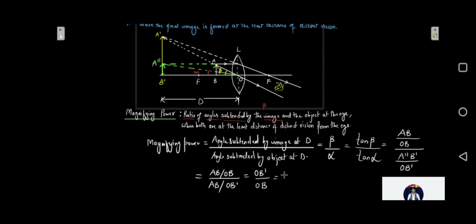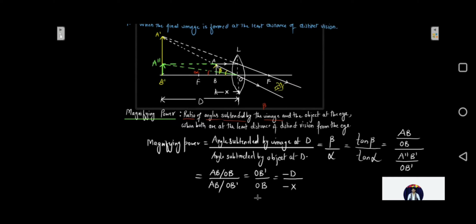So OB dash is going to be minus D divided by OB. Again, you are going from the optical center against the incident light, so the distance is going to be negative, and OB is nothing but the object distance. So let us consider this distance OB is X, so it is going to be minus X.